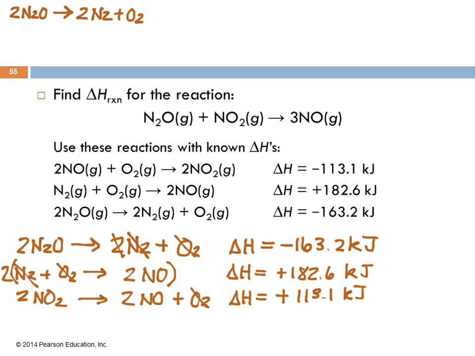So if that's our first reaction, then we can see from this reaction that these two guys can go on and make 2NO. But I had two N2s here, and so I still have a nitrogen there.